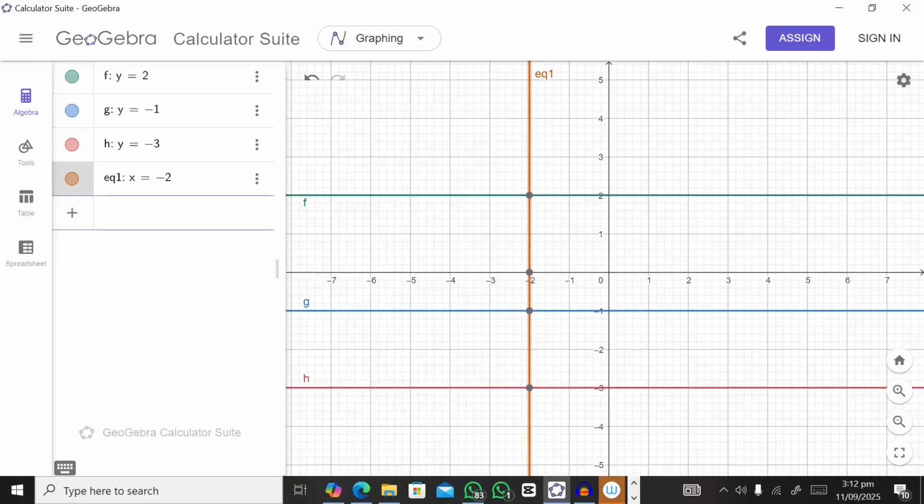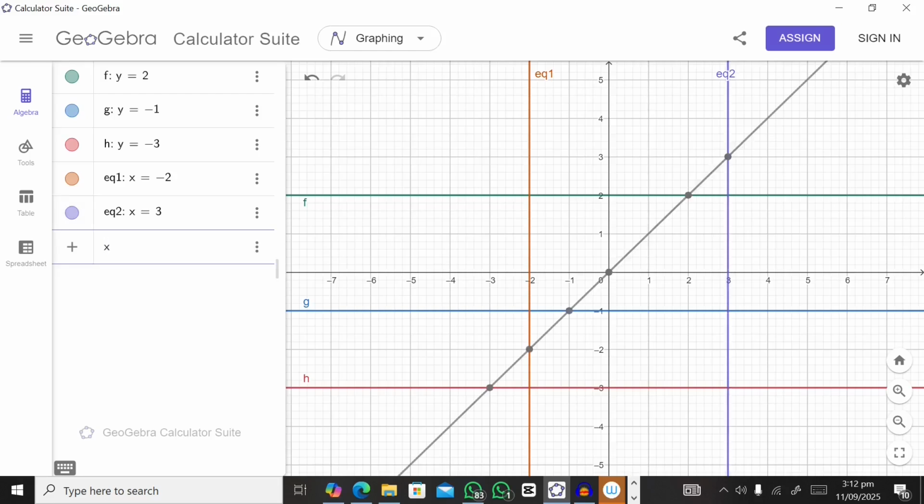I can also have it any way I want. When I have x equals perhaps 3, you can see that I have a vertical line at x equals 3. I can even have a vertical line at x equals 0, and as you can see, there I have the line.